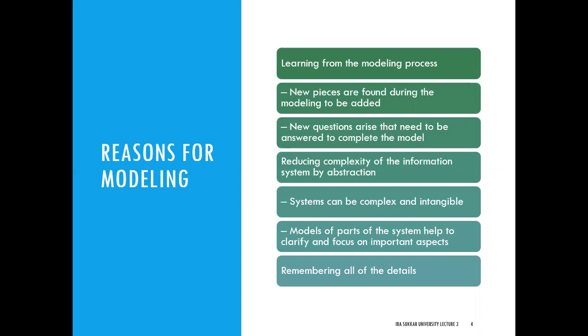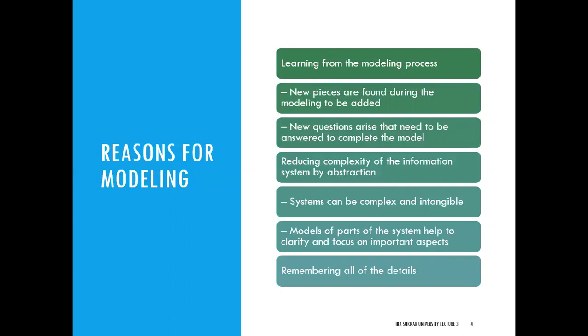To reduce complexity that we have discussed: system can be complex and intangible. Yes, we know the systems are always complex and intangible, so we need to have a model. This we have discussed earlier on. Models of parts of the system help to clarify and focus on important aspects. Exactly. We need to focus on all those aspects which are relevant, which are important. There is no need to waste time on all those things which are not relevant.